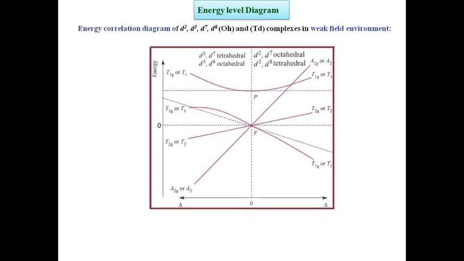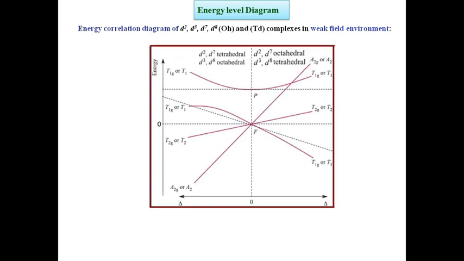In this slide, the Orgel diagram of D2, D3, D7 and D8 tetrahedral and octahedral systems in a weak field environment is shown in one frame, both left and right side. In this diagram, as I told earlier, for these Dn configurations, capital F and capital P, both these free ion terms and their components as crystal field terms are considered.